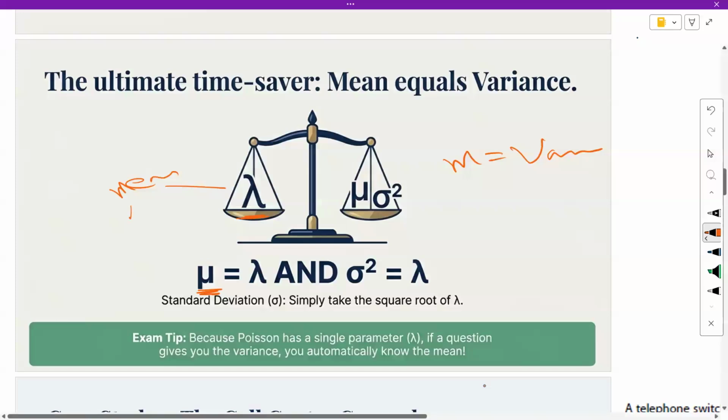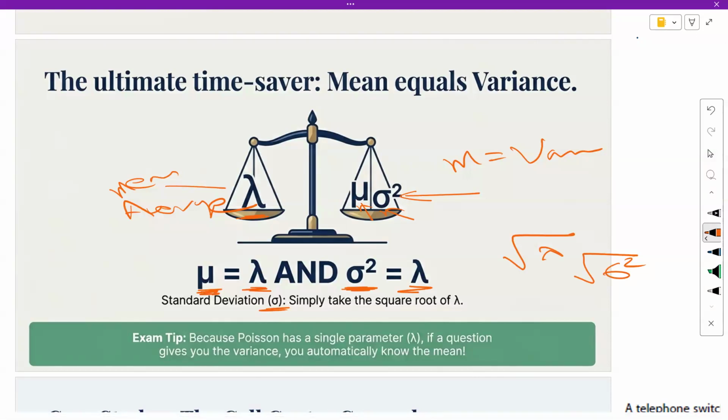Mu equals lambda, and the variance is also lambda. The standard deviation is simply the square root of lambda, or the square root of the variance.